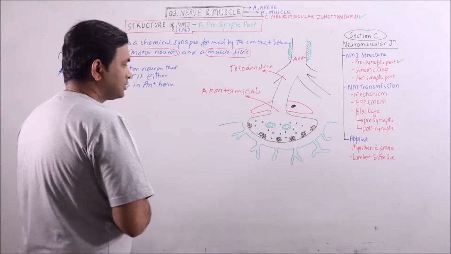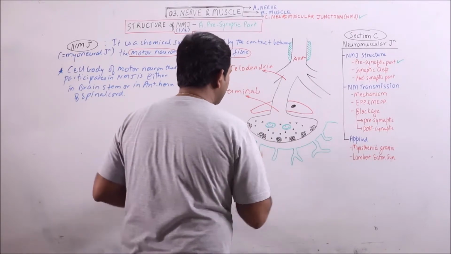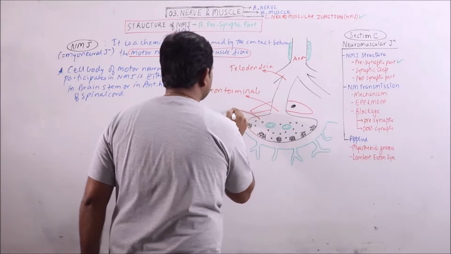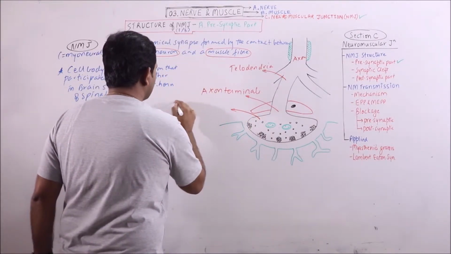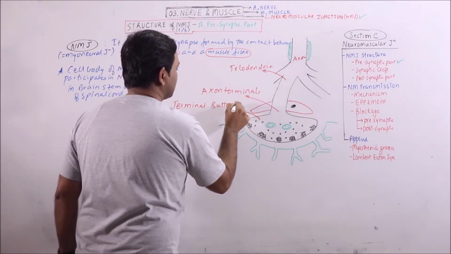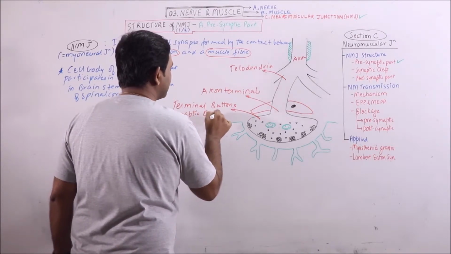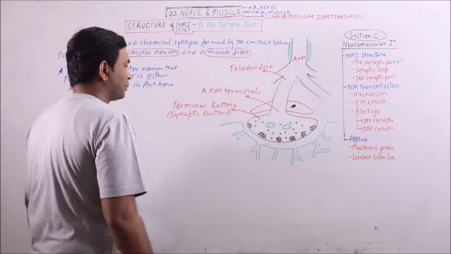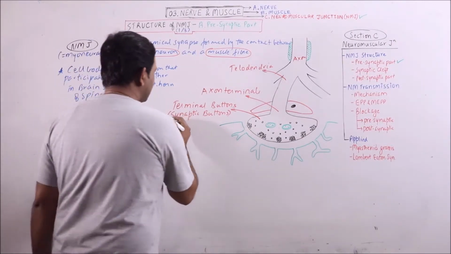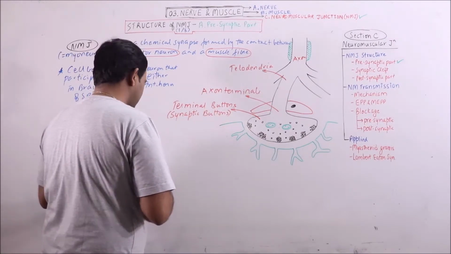These axon terminals become knobby at their end, and these knobby ends of axon terminals are termed as terminal buttons or synaptic buttons. There are various other terms for these, but typically these are termed as terminal buttons or synaptic buttons.